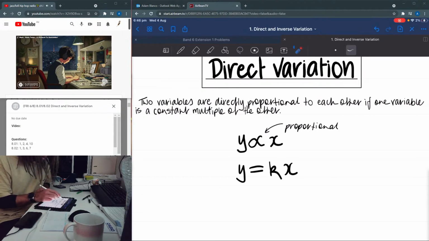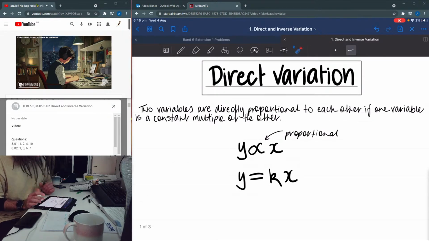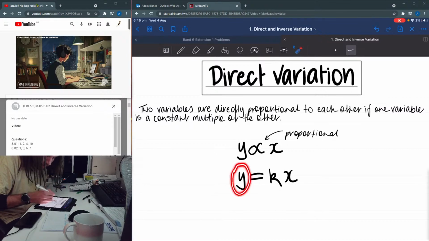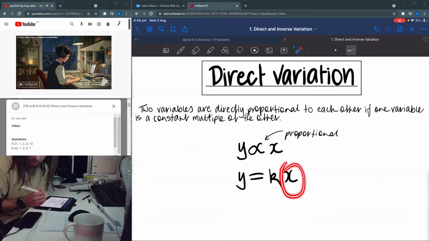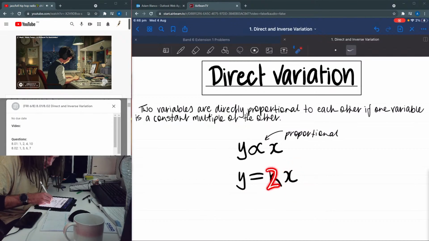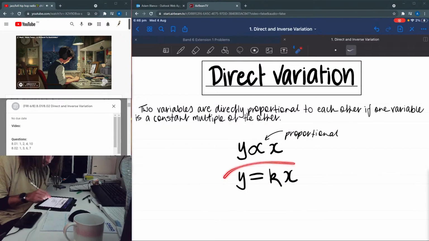That's kind of it. When something's considered to be in direct variation, it means that as one thing changes, the other changes at the same rate. In other words, if I double y, then x is also doubling. It doesn't have to be both going up. This suggests that as one thing goes up, the other goes up.